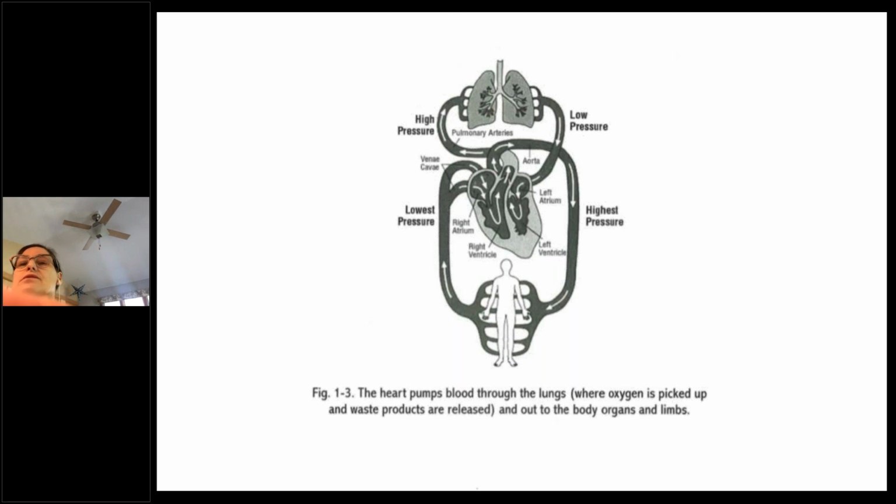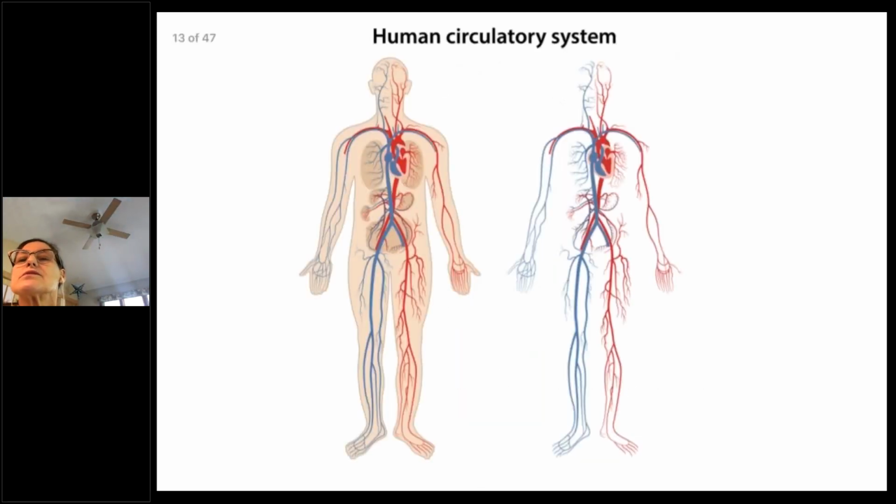Okay, here's another kind of fun picture of the circulatory system with skin on and no skin. Now, the red represents arteries, the blue represents veins, but if you're looking at blood in both of those, it's not going to be blue in the veins and red in the arteries.